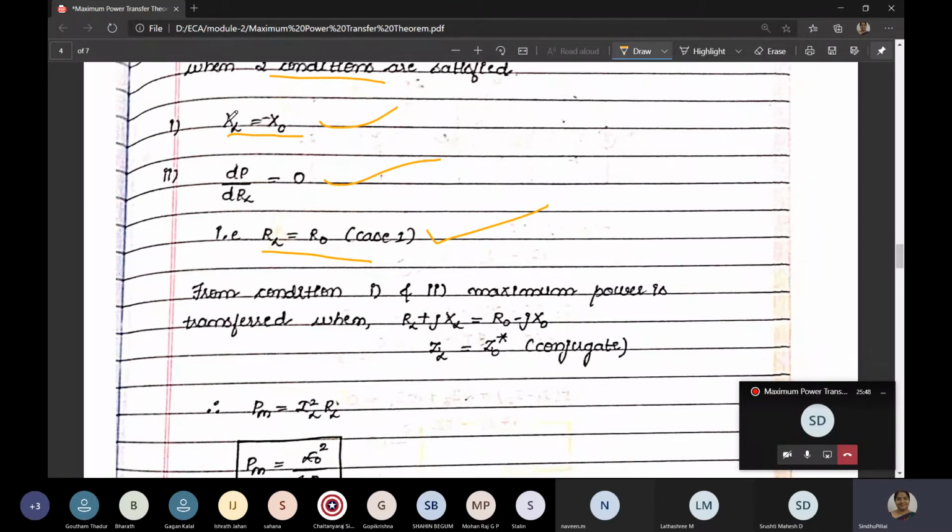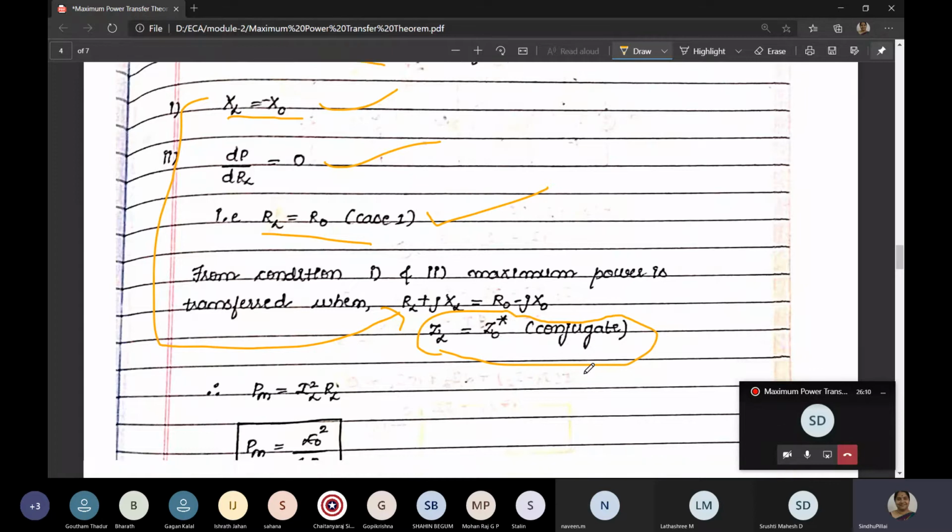I have just split it. This XL is written like this. RL plus jXL is equal to R naught minus jX naught. Fine. So this is the conjugate, that is ZL is equal to Z naught star. That is how they represent the conjugate. ZL is equal to Z naught star is the conjugate. That is the third case.